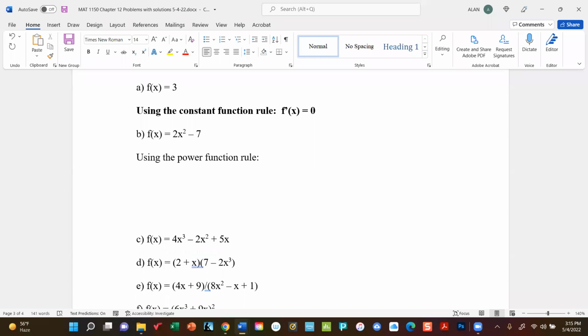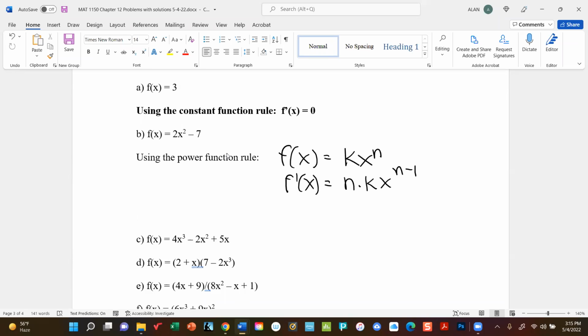In the most general possible terms, if f of x equals kx to the n power, then f prime of x is n times k times x to the n minus 1 power.